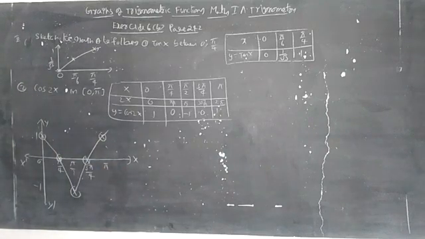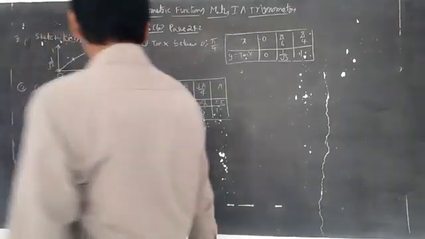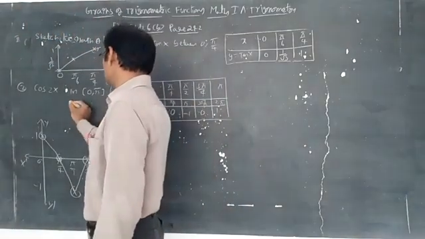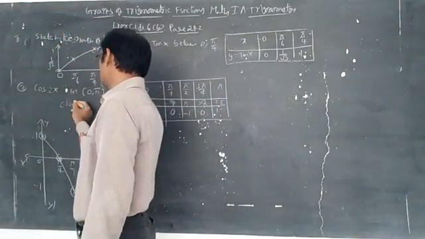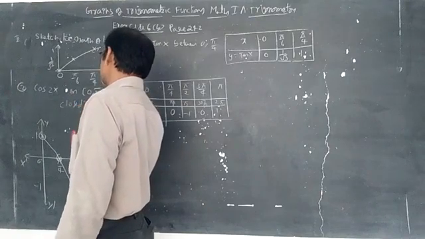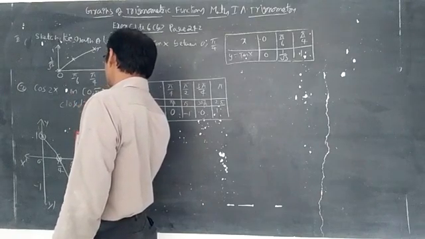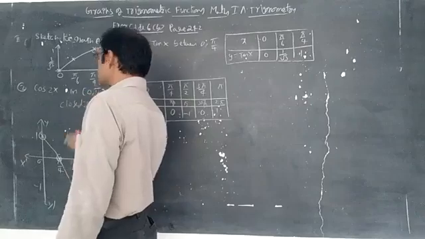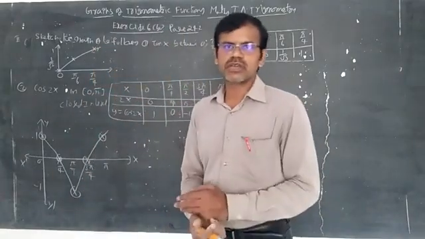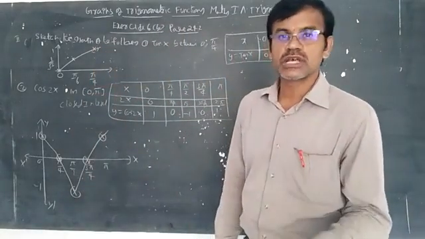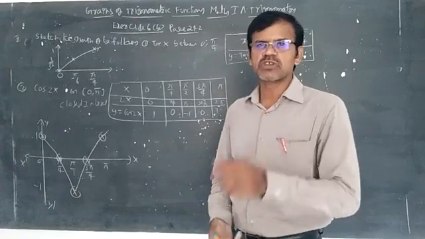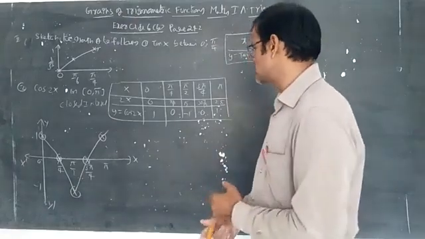Now sin 2x in the interval 0, pi. Here you need to understand the intervals concept I already explained. This is a closed interval; closed interval means 0 is there, pi is there, and the values in between also exist.